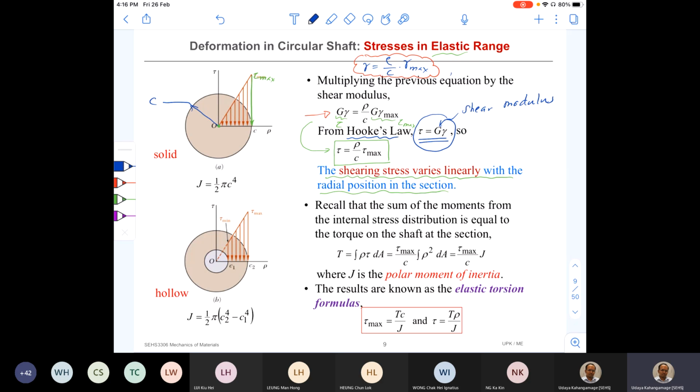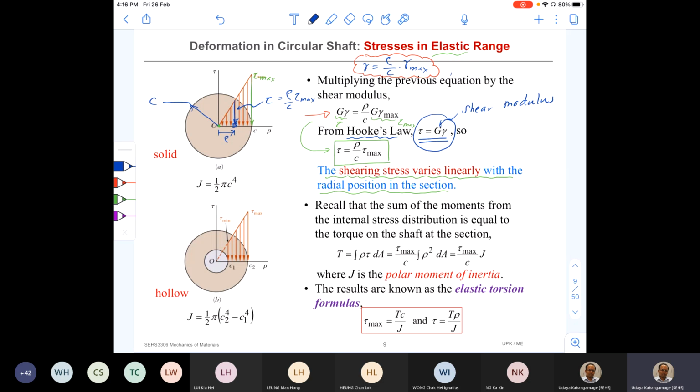Okay, and if I want to find out the shear stress at one point here, let's say a very small area, and if I define the radius to that point as rho, so at that point we can write the shear stress as a generic shear stress tau, and this is equal to rho over c times tau max. Okay, right, so that is about the shear stress.